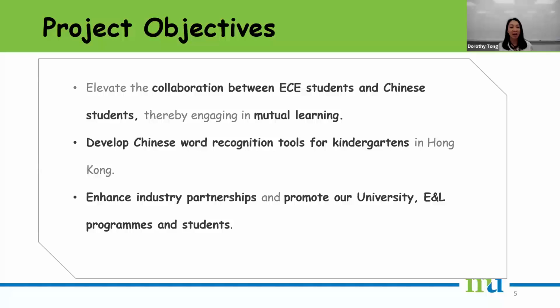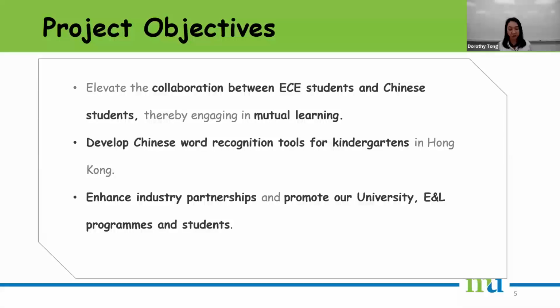In this way, we can enhance industry partnerships and promote our university, HKMU, and of course the 3 programs involved. Later, I will talk more about the different programs and our students, so the public can know more about HKMU, know that we have this ECE program and the Chinese language education program, and so that our students can have better prospects.